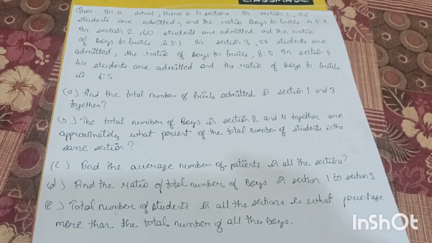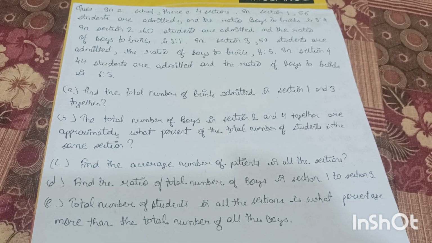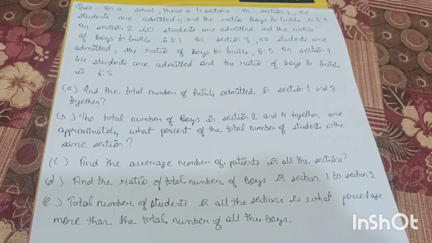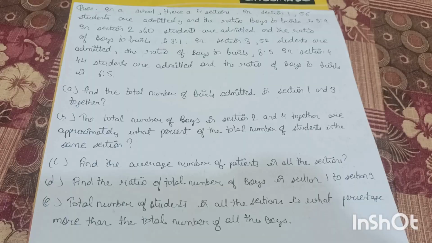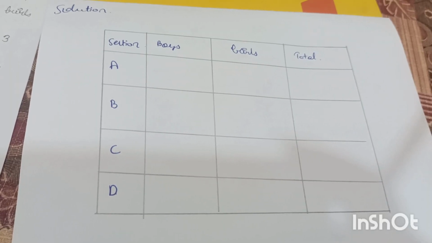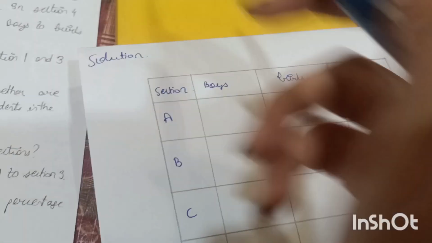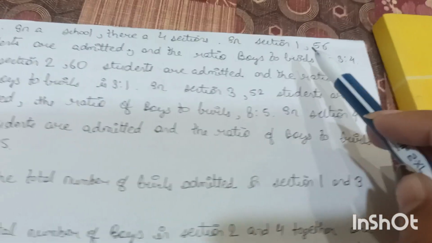So the next question is on your screen. You may solve it out. For this question, you need to first make the table like this. Now let's fill in the values. In section 1, the total value is given as 56.